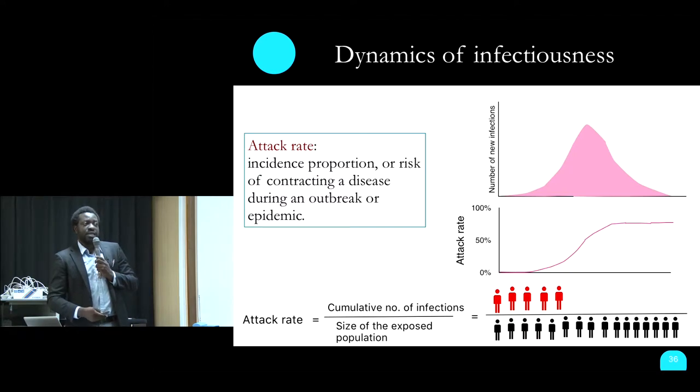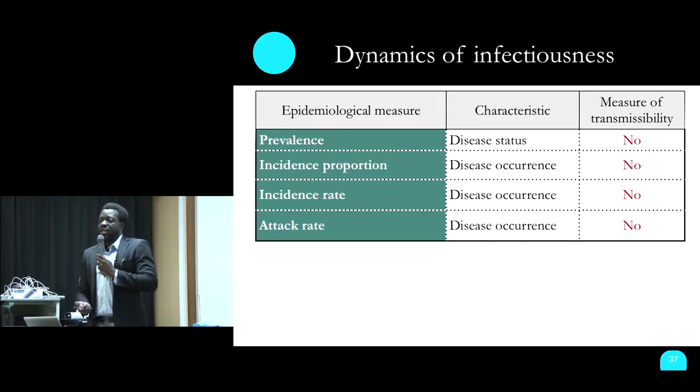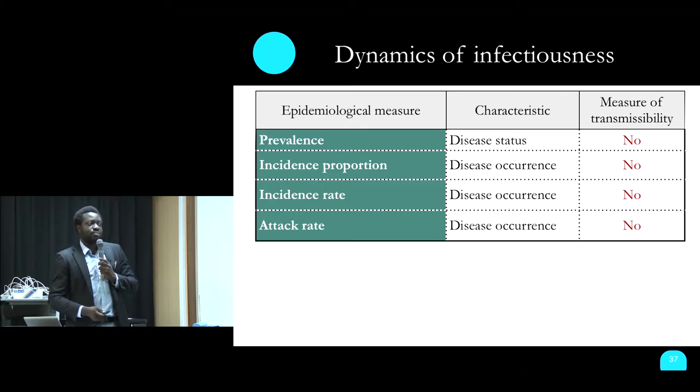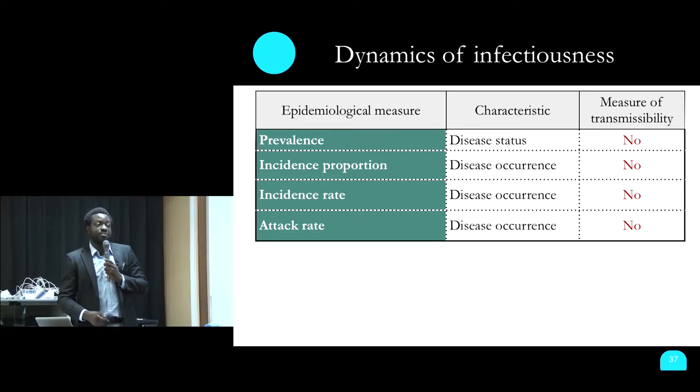But it still doesn't really tell us how transmissible the infection is. So the prevalence is generally for measuring the disease status or the disease burden in a community. Incidence proportion, rates, and the attack rates are mostly measures of disease occurrence, how the disease occurs within a population, but they don't tell us anything about transmissibility.